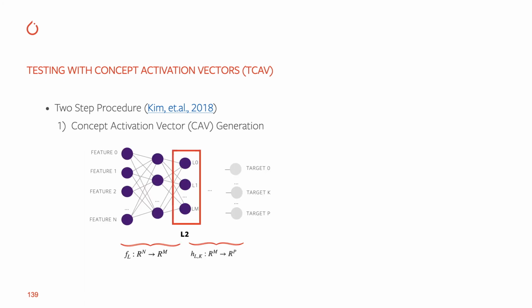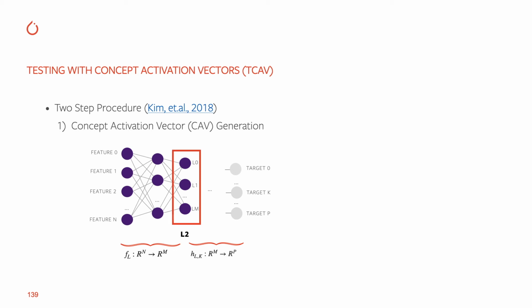First, let's understand what CAV means and how we can generate them. Let's assume that we are given a multi-layer neural network that performs classification. In this example, we have a deep neural network that takes n features and outputs a class index between 0 and p.